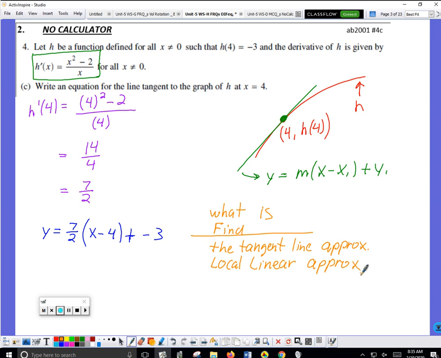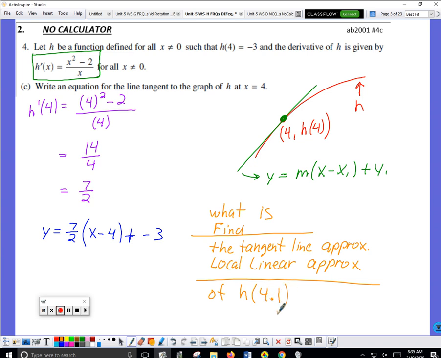They'll use words something like that. They, as always, will vary the wording. But what they're asking you to do is this. They'll say find, or what is the tangent line approximation or the local linear approximation of h of, say, 4.1.